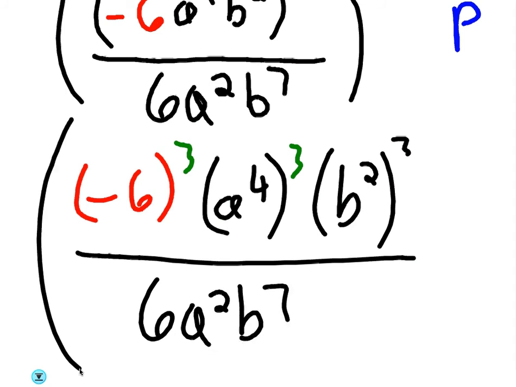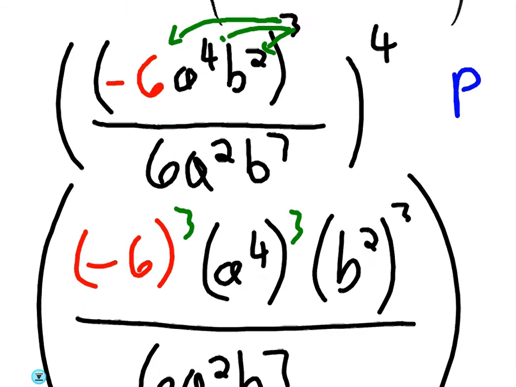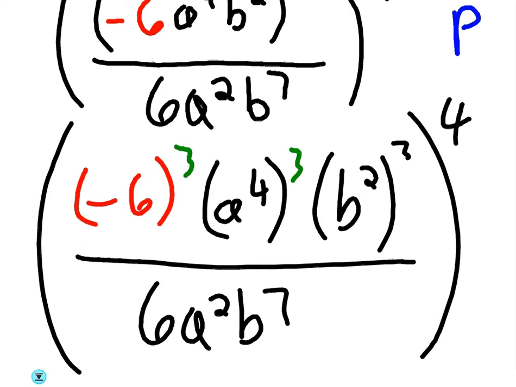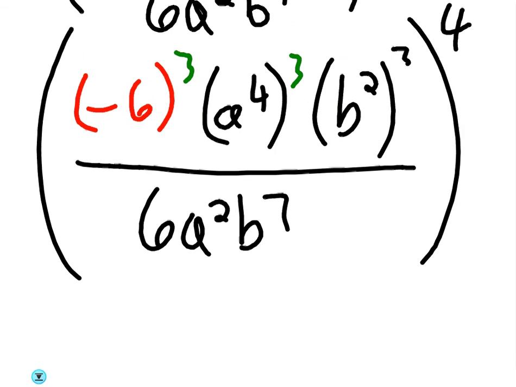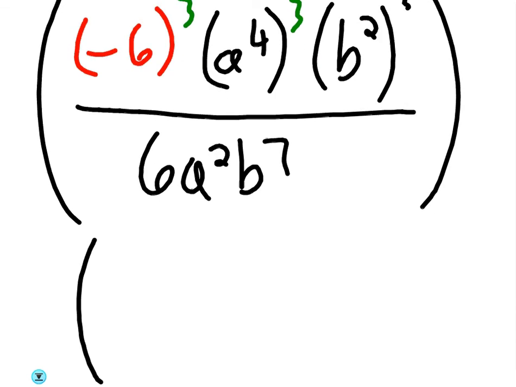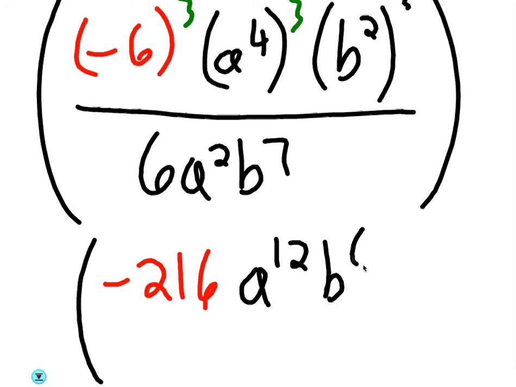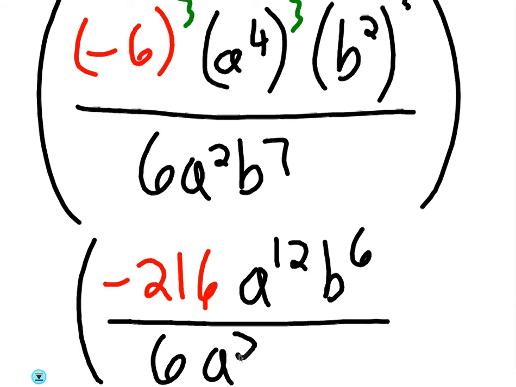Remember, we still have a larger exponent of 4. Let's take it one step at a time. So what's -6 cubed? -216, that's right, because it's an odd exponent. And that would be a to the 12th, b to the 6th. And then we have over 6a squared, b to the 7th. And remember, all that is to the 4th power.